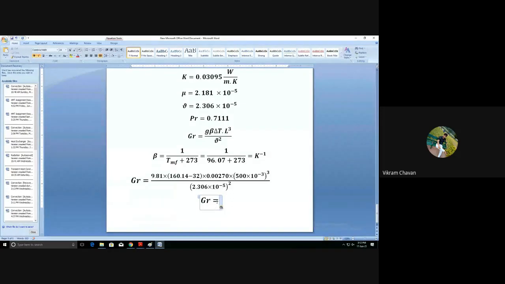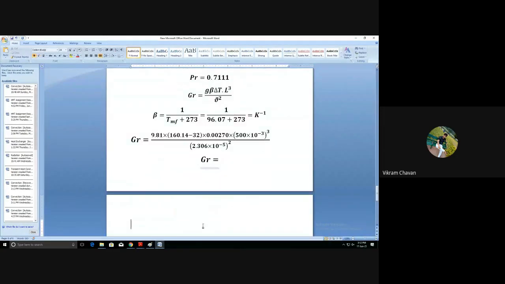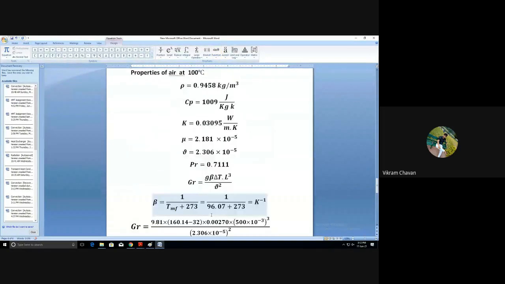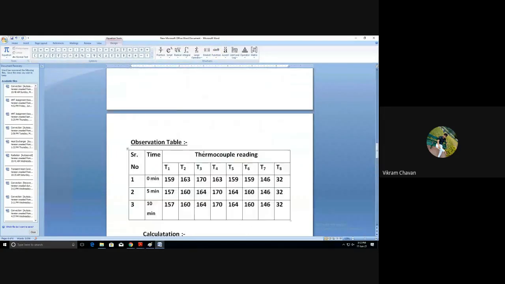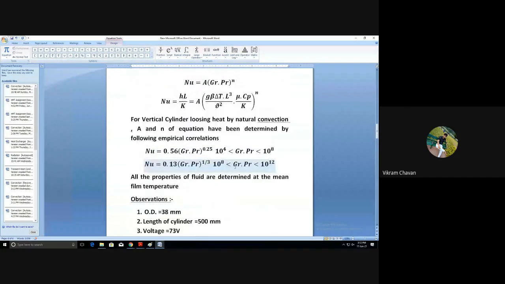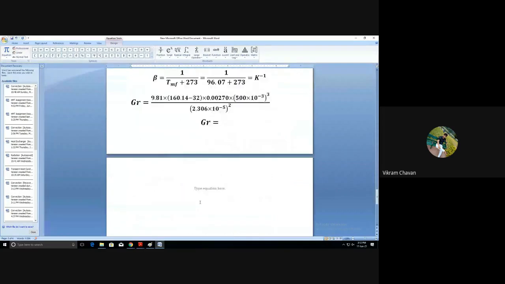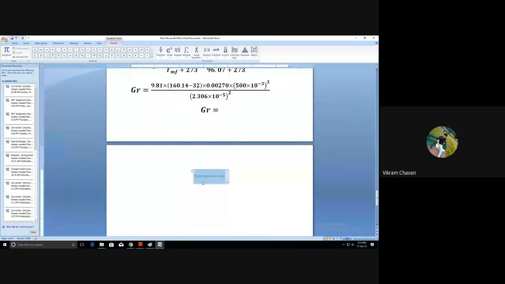Once you get the Grashoff's number value, then you have to take the product of Grashoff's number and Prandtl number. So Gr multiplied by Pr. And then we have to compare for this particular condition.